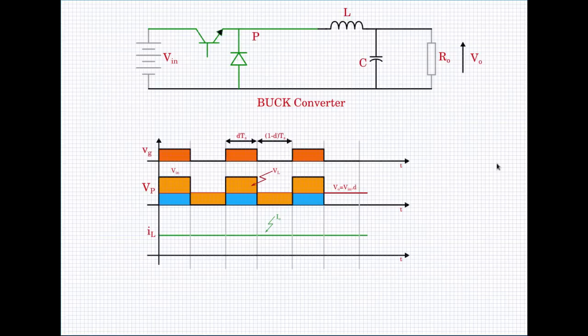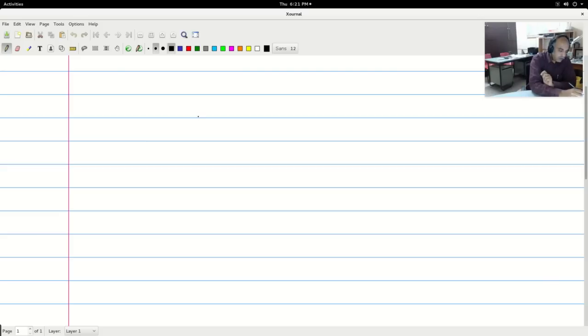So let me take the writing pad to give a view of what is happening. So consider this inductor, and it is seeing the voltage across it, VL, which is equal to V in minus V0.